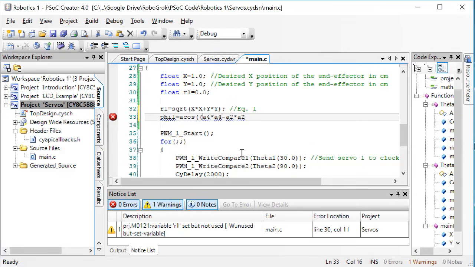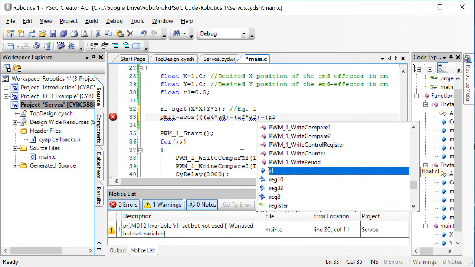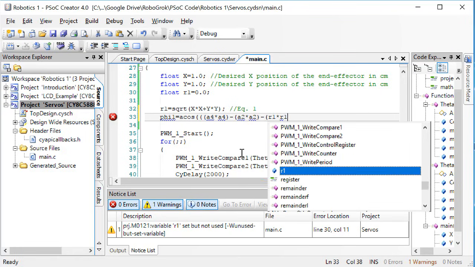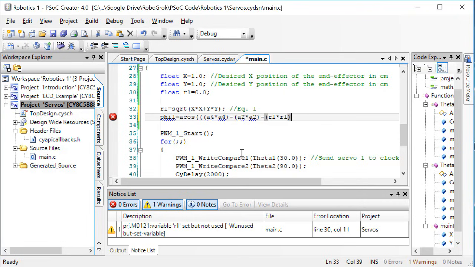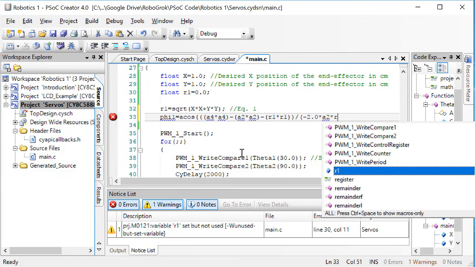And I'm going to put some extra parentheses around here to make sure that we are doing these things in the right order. Minus R1 squared. Then we have to divide this whole thing by -2 times A2 times R1.